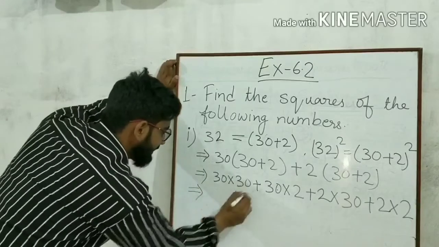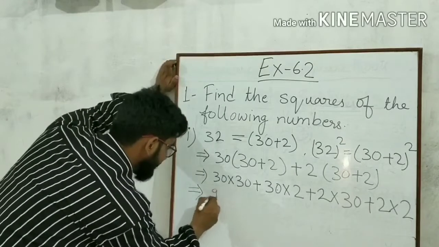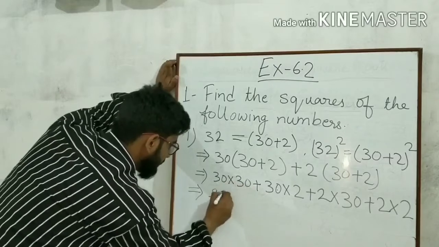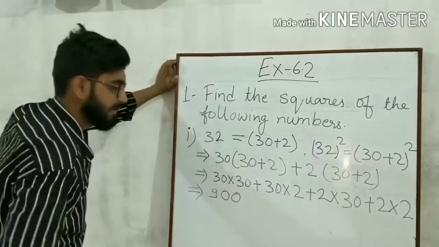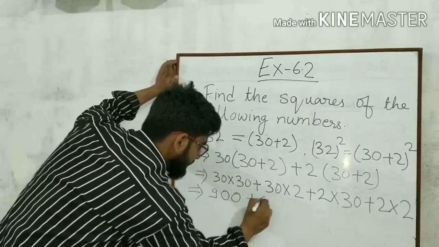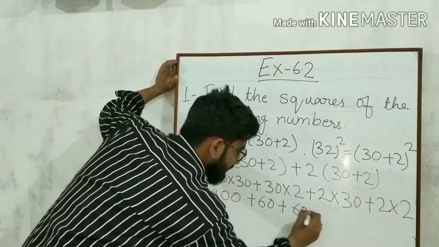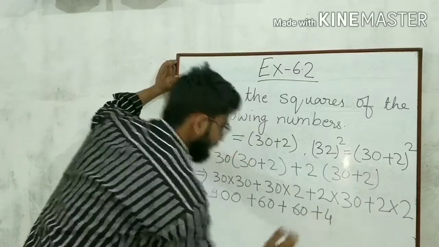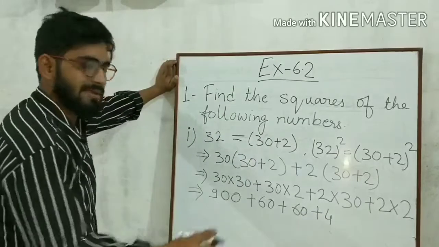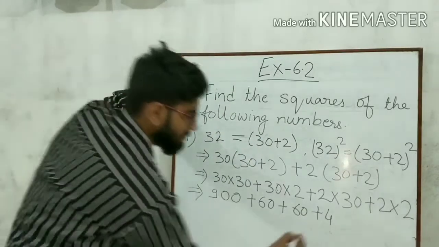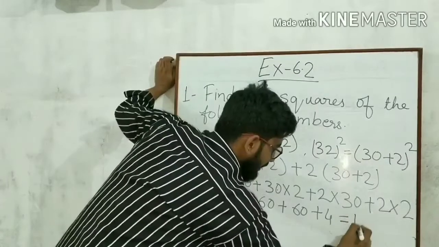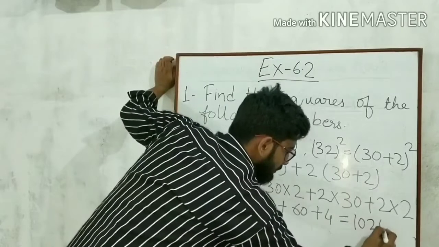You will get 30 into 30, 3 into 3 is 9 and 2 zeros, so 900, plus 30 into 2, 60, plus 2 into 30, 60, plus 2 into 2, 4. Now you add all these. When you add all these, you will get 1024.